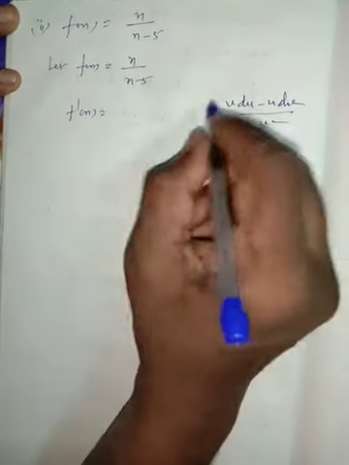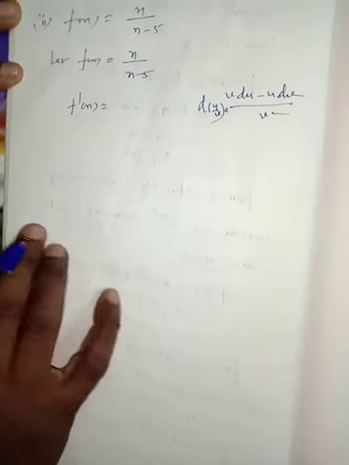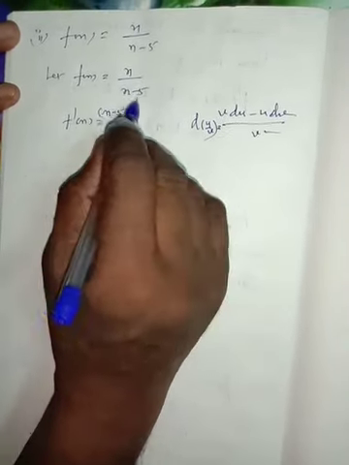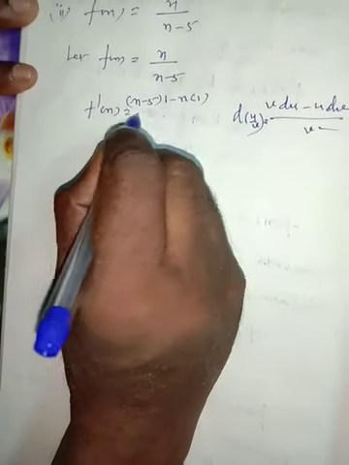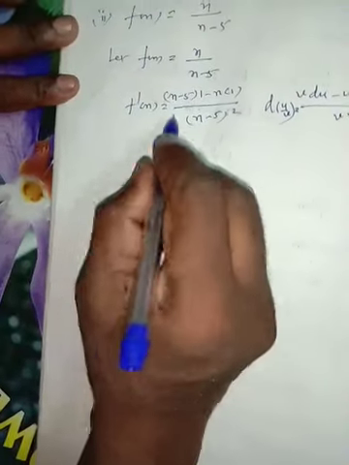Applying it, x minus 5 into 1 minus x into 1, whole divided by x minus 5 whole square.